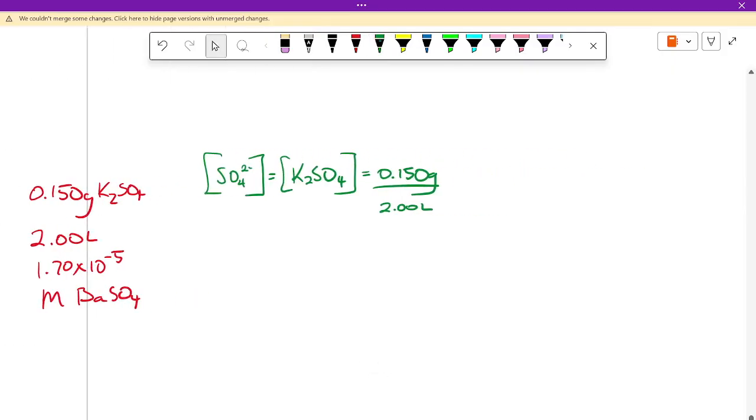And then we would need to find the molar mass of K2SO4, which is what, 40.1, I think? No, 39.9. 39.1. 39.1 plus 32.1 plus 16 times 4 equals 135.2.